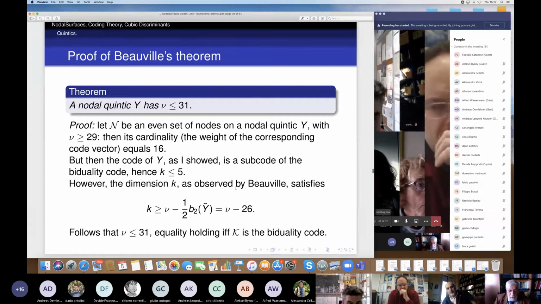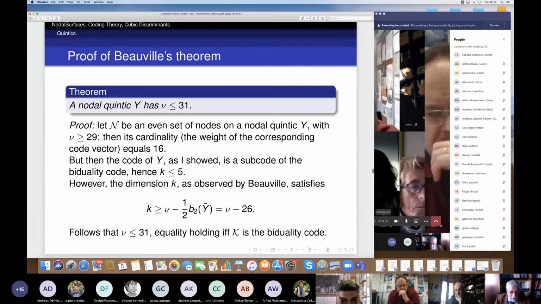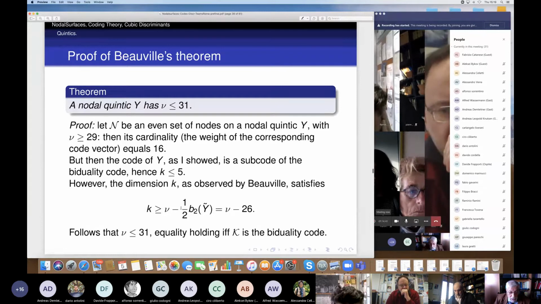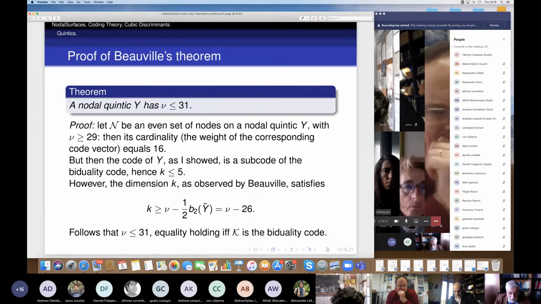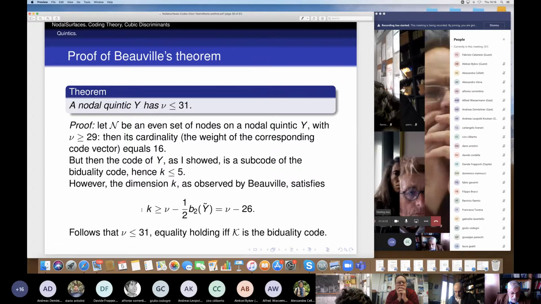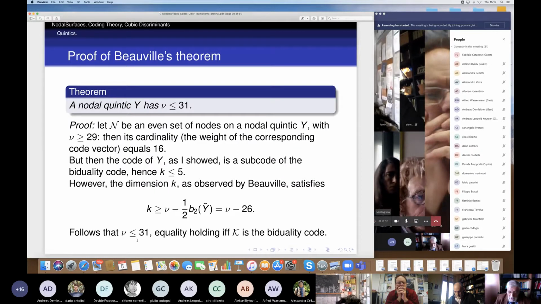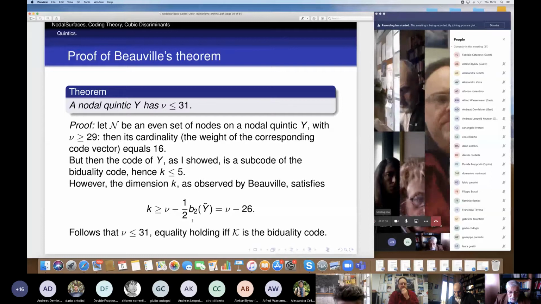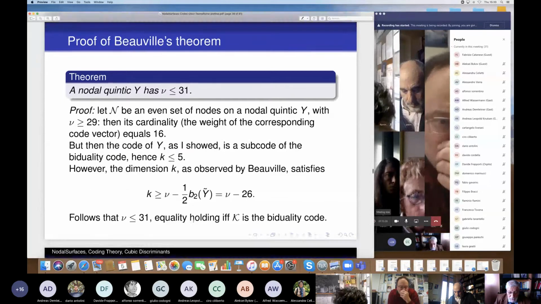However, Beauville observed that the dimension is at least the number of nodes minus 1/2 of the second Betti number of Y tilde, because it's a kernel of a certain map of vector spaces. And this is just ν minus 26. And since k is at most 5, 5 is bigger than ν minus 26, so ν is at most 31, equality holding if you have the biduality code.